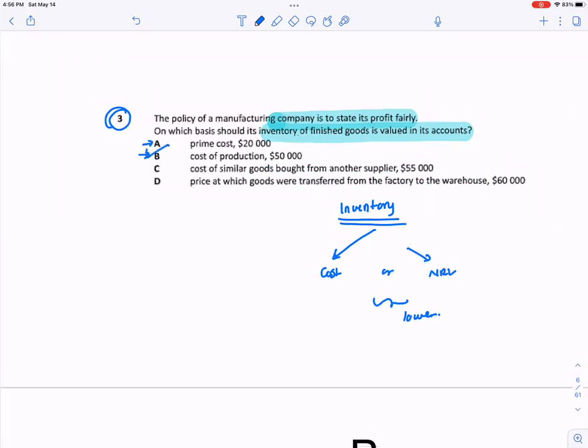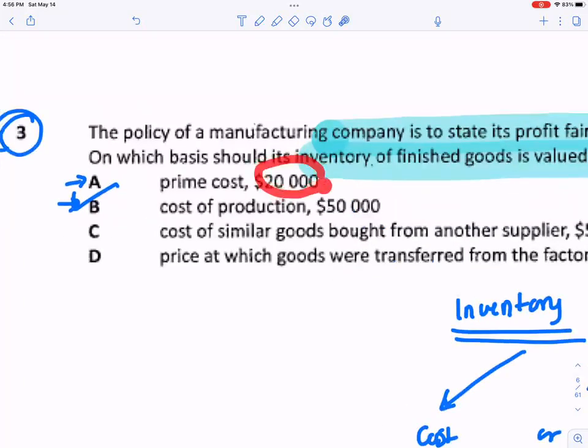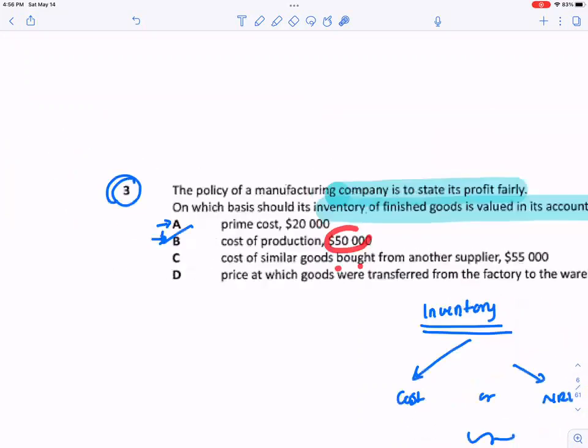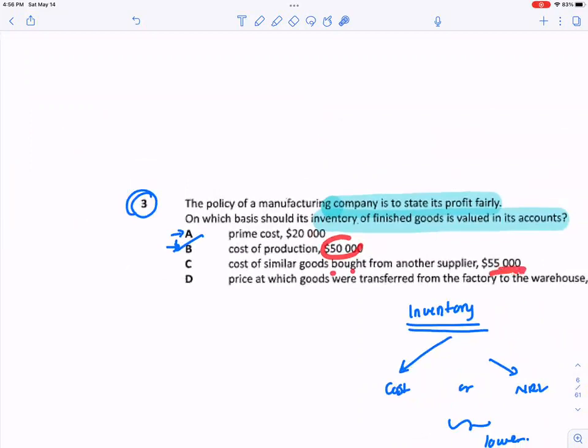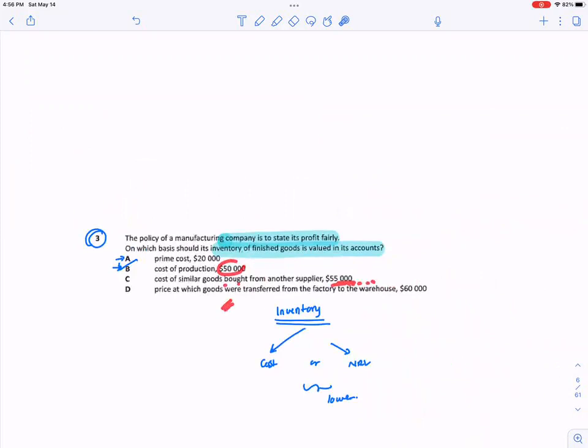So he can value his inventory at prime cost, or at cost of production, or at the cost at which similar items are bought from the market, or at which goods were transferred. The minimum is the cost of inventory. So he will value his inventory at cost of production.